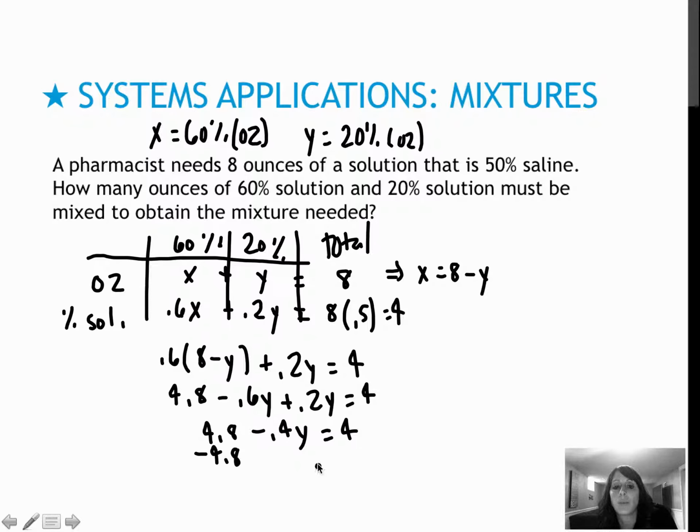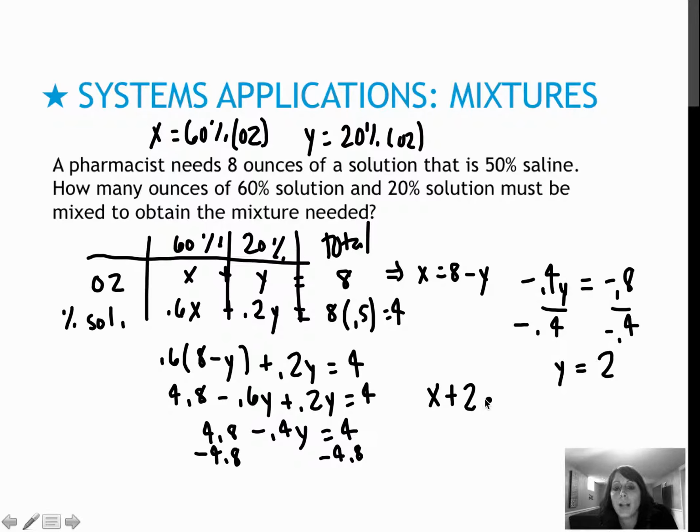I'm going to subtract 4.8 from each side, and negative 0.4Y equals negative 0.8. I divide each side to find Y is 2, and then I'm going to plug it back into my original equation, so X plus Y of 2 equals 8, so X must be 6. Again, I would write a sentence that said I would use 6 ounces of the 60% solution and 2 ounces of the 20% solution.